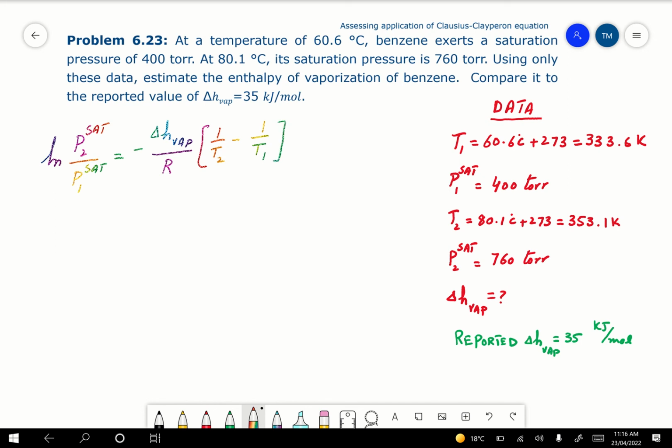So this is basically the Clausius-Clapeyron equation. Now we can put the values in this.